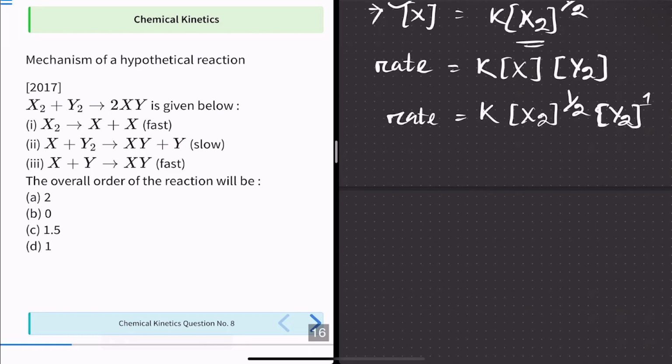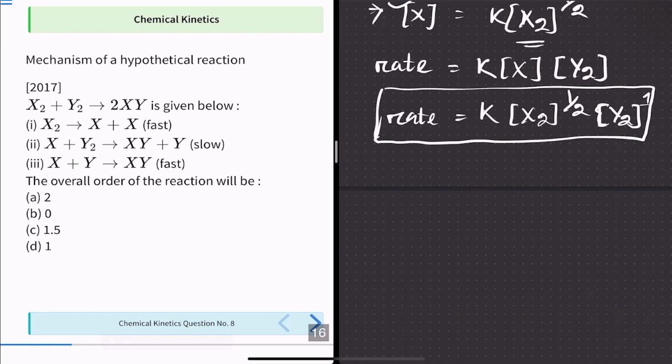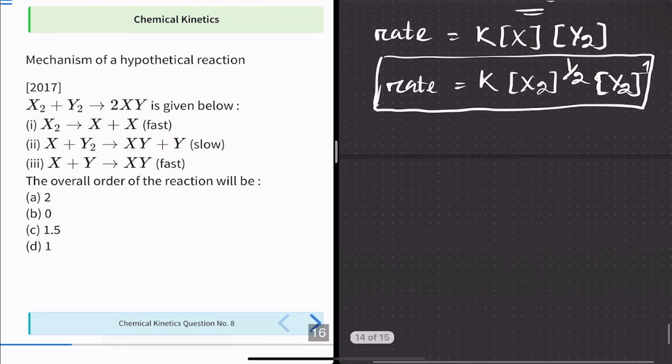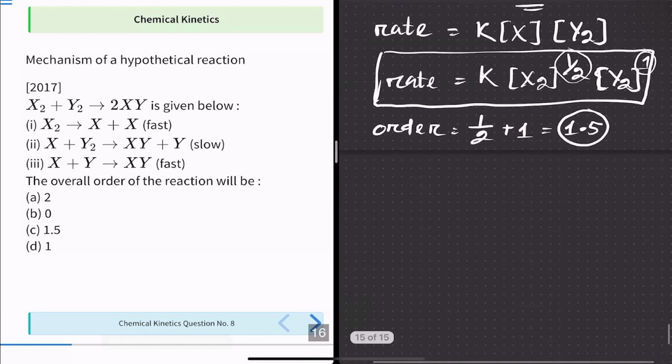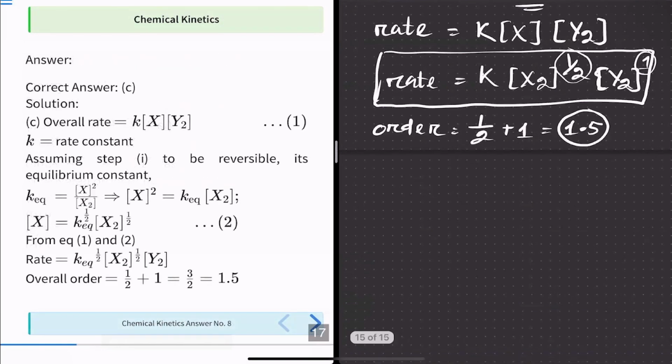This is the final form of the rate of this reaction. From this we can get the real value of the order. Order of reaction is the summation of the superscripts of the rate law, so half plus 1, that is 1.5. So the answer would be C. Okay, so let's move on to the next question.